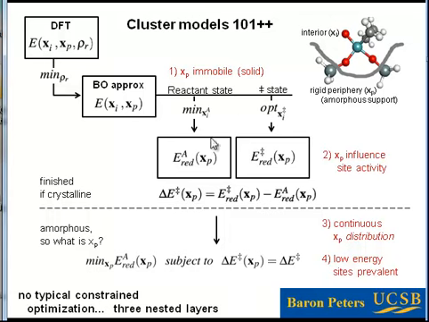Here was one. Here, at the second level, there's a minimization and a saddle point optimization. And now I'm introducing a third level of constrained optimization. In this level, we want to find the lowest energy site that gives us this target activation energy, right? So this is a constrained optimization, and the constraint is not your typical constraint that involves a bond length or an angle or something like that. This is a really difficult constraint.